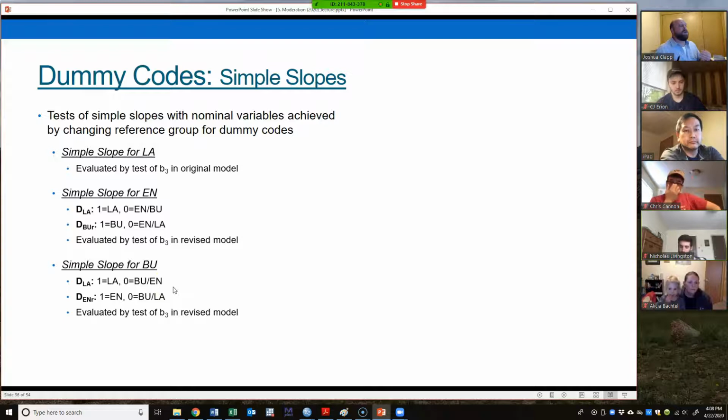Whatever your reference group is, your conditional effect is the unique effect of that variable on your outcome for that reference group. So to test our simple slopes, we just recode to whatever group we want the simple slopes for. We switch around our dummy codes so that's the reference group, and then just rerun our models. That just keeps coming up.